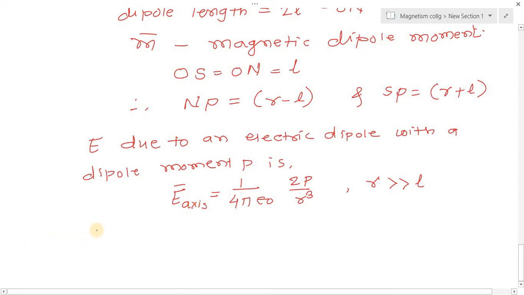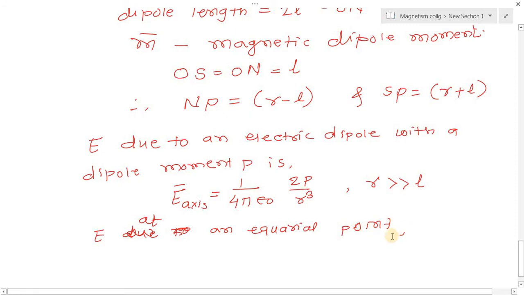Now similarly, we know the electric field at an equatorial point.